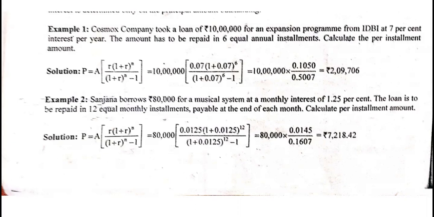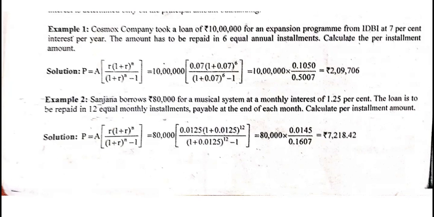Here the loan amount you took is 10,000 rupees, that is P, into bracket, the rate of interest is 7%, that is 0.07, and again in bracket 1 plus r, 0.07, raised to 6, that is 6 annual installments, divided by 1 plus 0.07 raised to 6 minus 1.